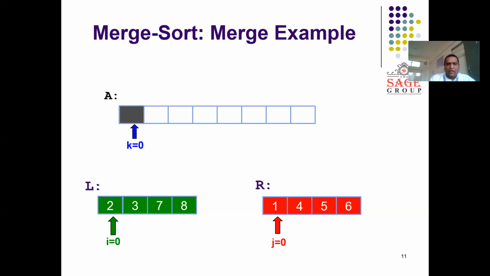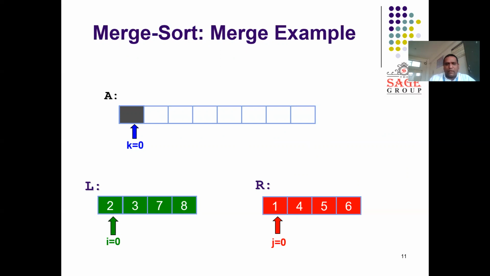Then compare the elements at i and j to see which element is smaller. We put it in the temporary array and increase that pointer. We compare the first elements: i equals 0, so 2 versus 1.